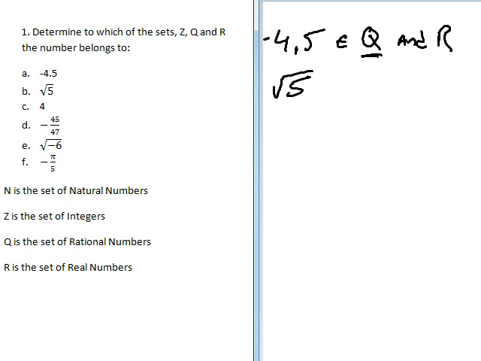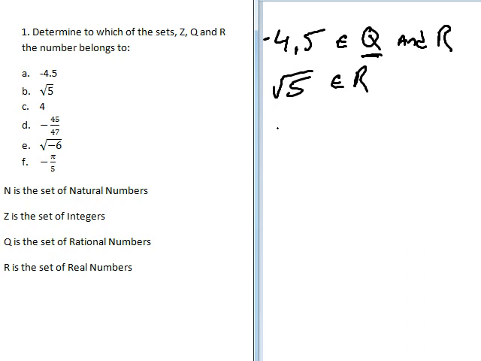The square root of 5 is 2 point something, I'm not really sure exactly what, but it's not a natural number because it has a decimal in it. It's not an integer because it has a decimal in it, and because it's the square root of a number that isn't a perfect square, it automatically means that it's not a rational number. The digits aren't going to repeat. So it's a non-terminating, non-repeating decimal. Therefore, it has to be only a real number.